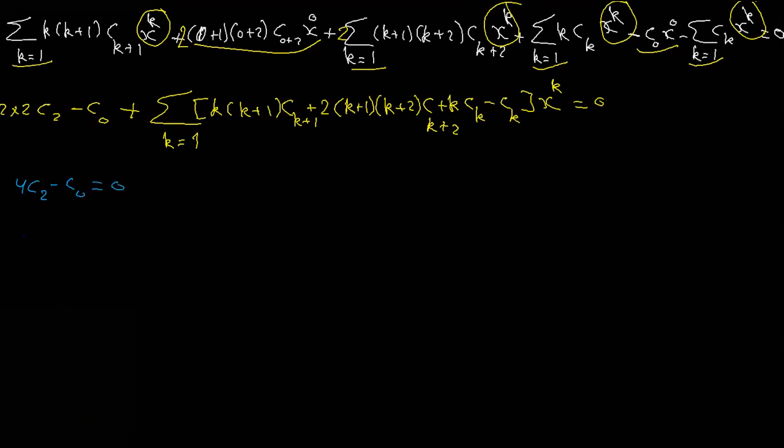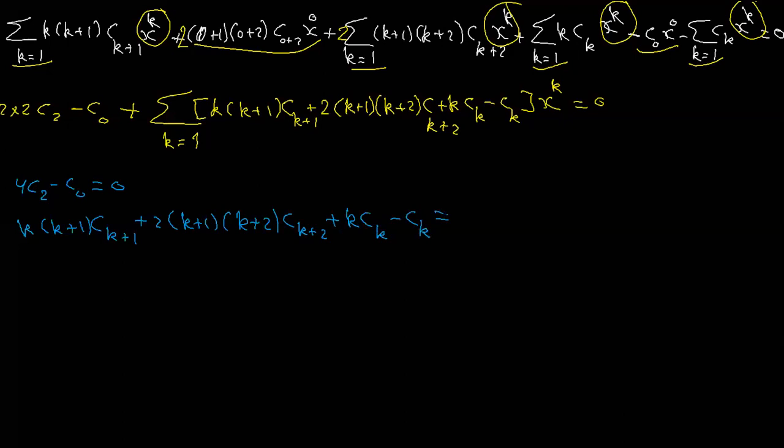And the coefficients of x to the k in the left-hand side, those are k plus 1, ck plus 1, plus 2, k plus 1, k plus 2, ck plus 2, plus kck minus ck. All of them, the coefficients of x to the power k in the left-hand side or in the right-hand side is 0. So from this, you can say that C2 is 1 over 4 C0. I found the first relation between our coefficients.